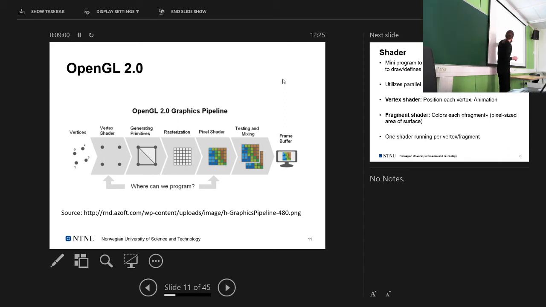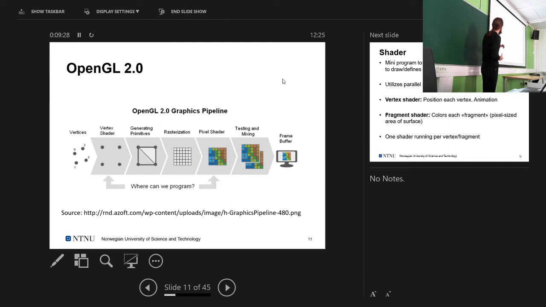And once you describe your model with primitives, you rasterize, which is the mapping from your 3-dimensional continuous or 2-dimensional continuous world down to this grid, which is your screen. Then, in a sense, you fragment your model basically, and fragments here refers to pixels. So you will often see this one, which is called pixel shader here, is actually called fragment shader.